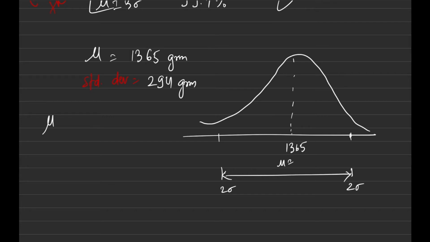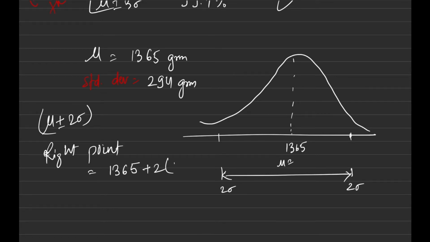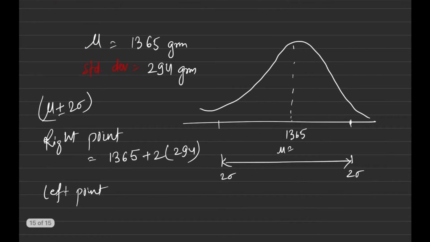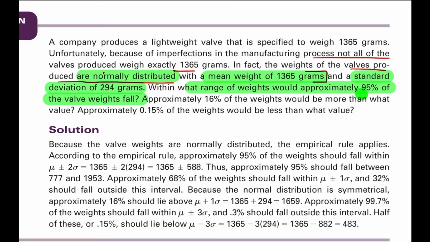So the right-hand side point will be 1365 plus 2 into 294, and your left point will be 1365 minus 2 into 294. You can do the calculation and get the numbers. So this is the range.